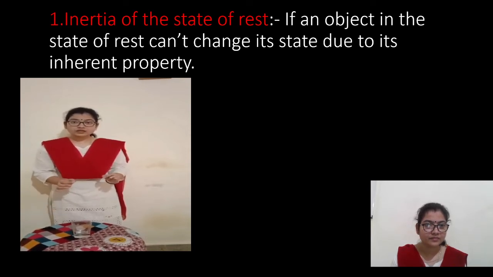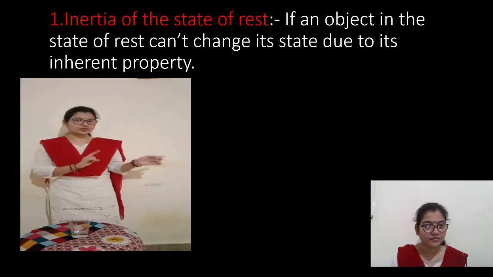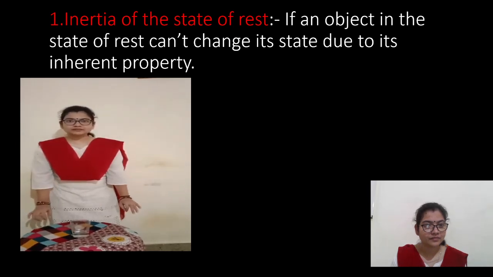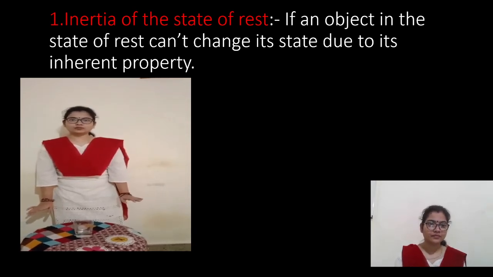This shows that initially both were at rest, but when I applied force over the cardboard, the cardboard came in motion while the coin maintained its state of rest as it was initially. So it has fallen down into the glass. Students, you can perform this activity at your home also.